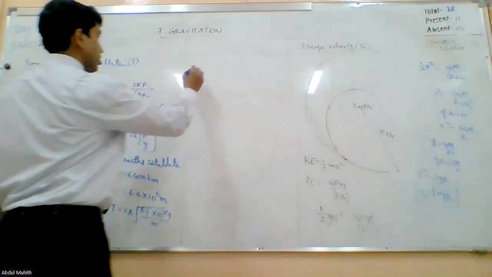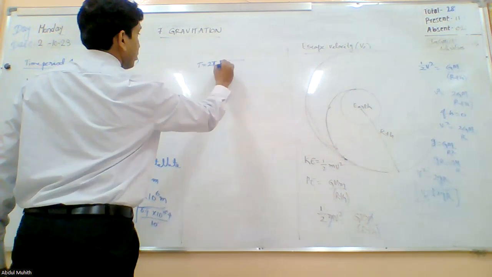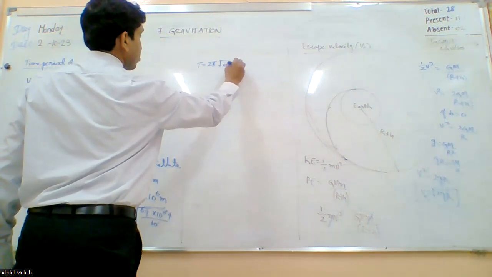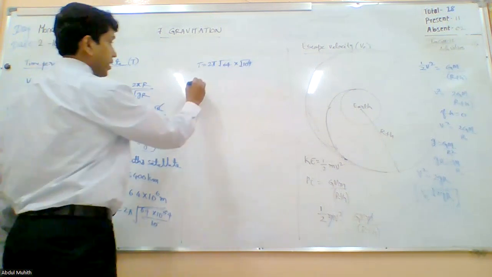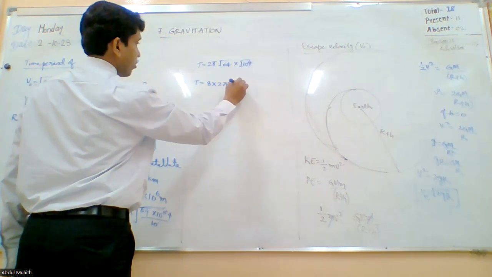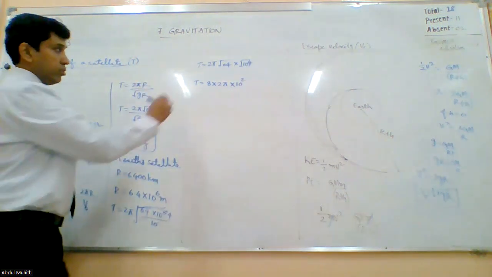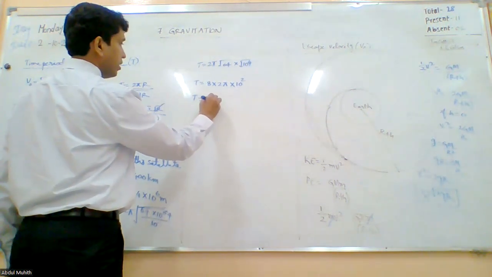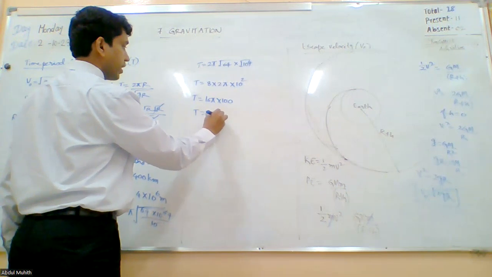T is equal to 2 pi under root of 64 into 10 to the power of 4. What is root 64? 8. T is equal to 8 into 2 pi into 10 to the power of 2, right? So it will become 16 pi into 100. T is equal to 1600 pi.